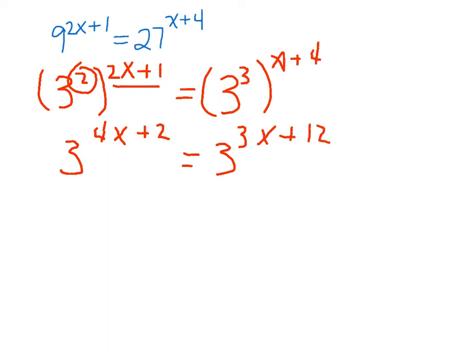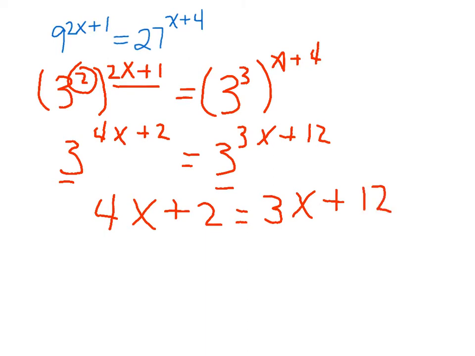And now they have the same base, a 3 and a 3. If the bases are the same, that means the exponents have to be the same, because the equal sign tells me the left-hand side is the same as the right-hand side. So at this point, the bases don't matter anymore, and I just have 4x plus 2 equals 3x plus 12.